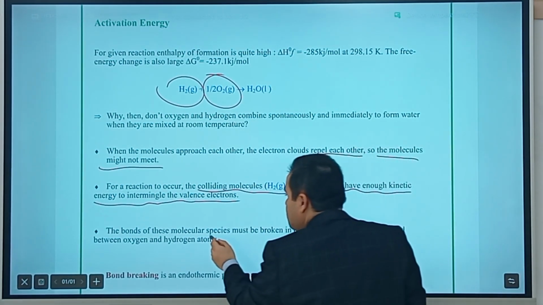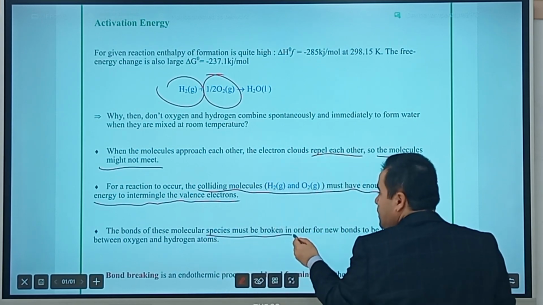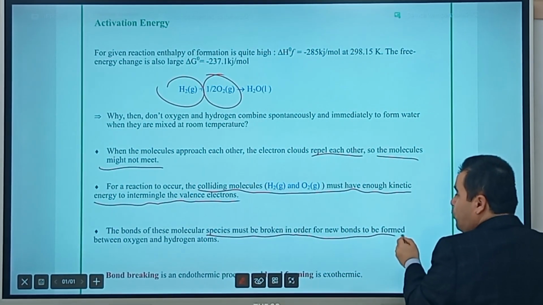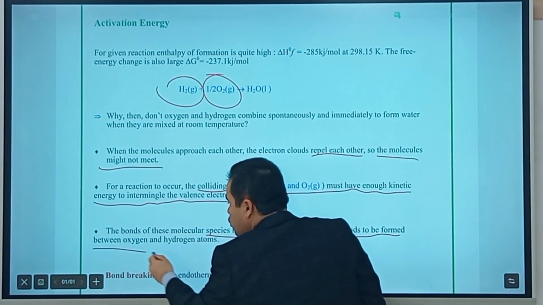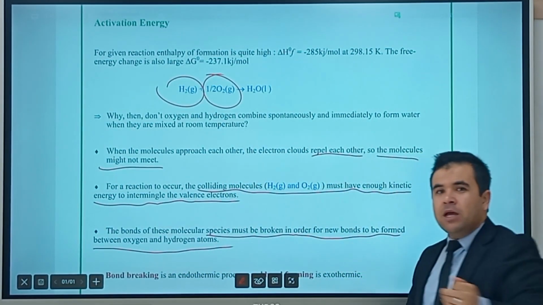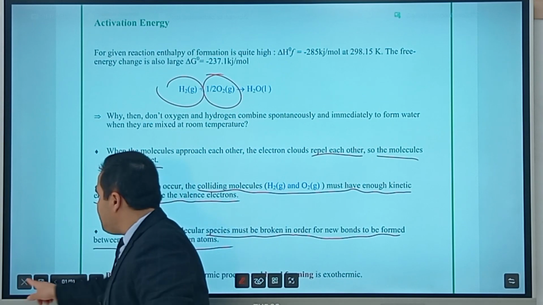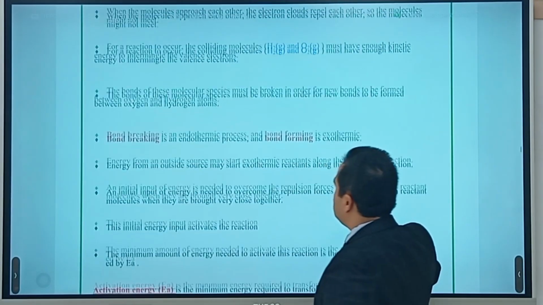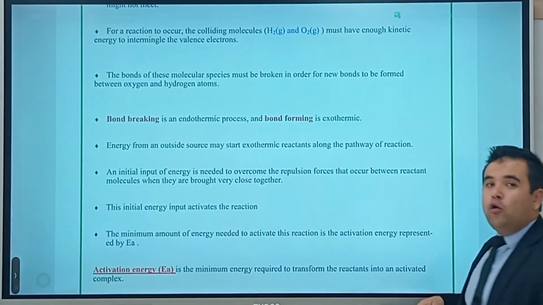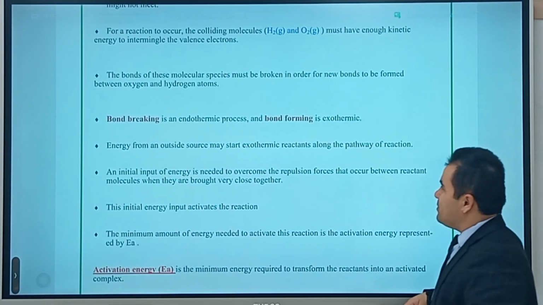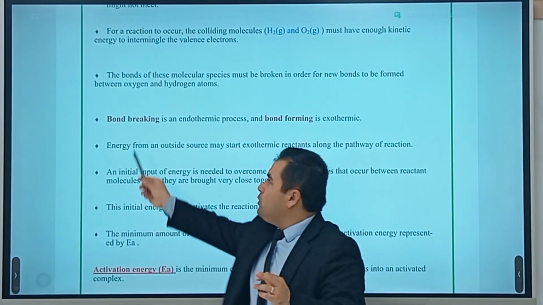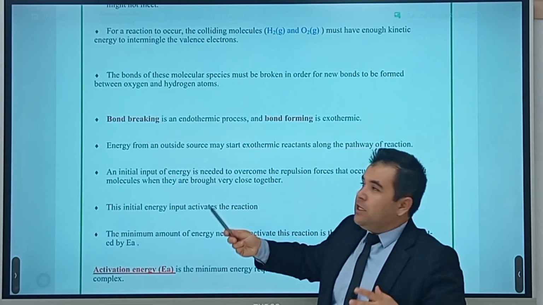The bonds of this molecular species must be broken in order for new bonds to be formed between oxygen and hydrogen atoms, and we have to provide the energy to form the bonds between those two atoms. Usually, you know that breaking of a bond is endothermic.